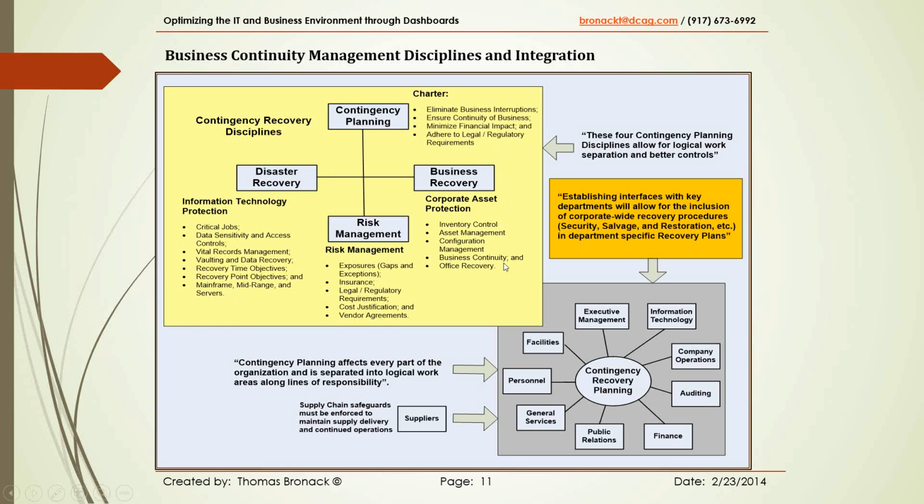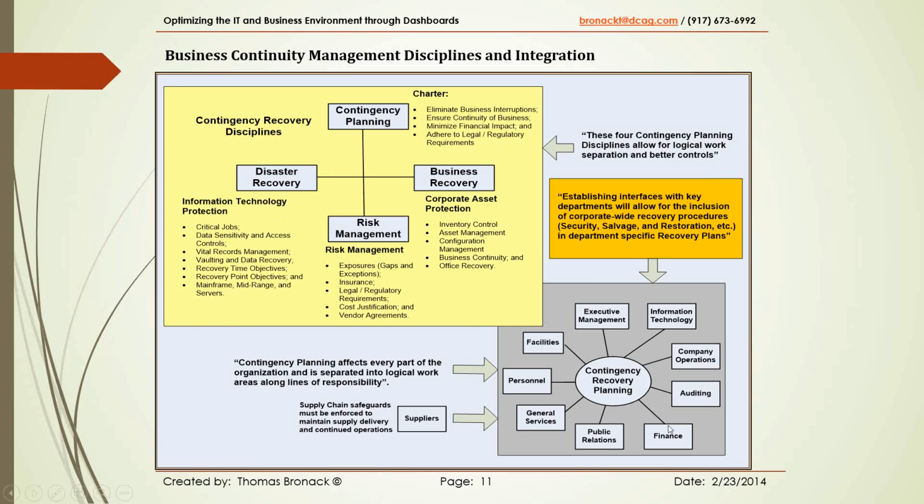So we do business continuity and office recovery. Now, business continuity could have an evacuation plan and then office recovery that I'll go to a remote business location or have seats allocated, and my people could pick up their work from there. They could be connected to the production environment and resume work as normal.